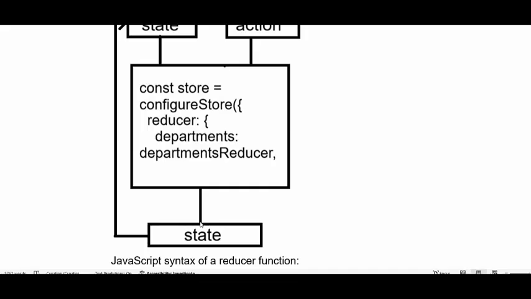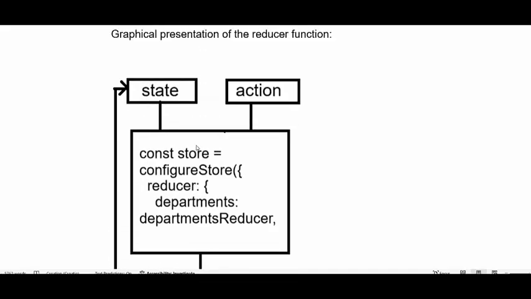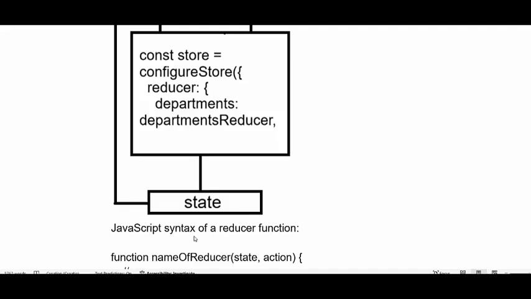Two inputs, one output, maybe that is the reason for the name reducer: reduce two inputs to one output. And you can see here that the state input is a copy of the state output. About that and why it is like that, in one of the next videos.